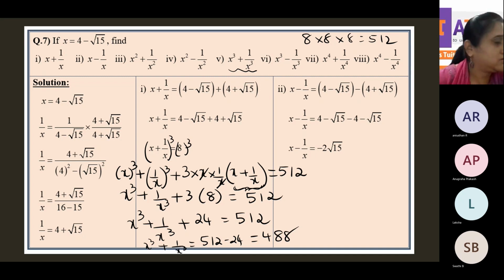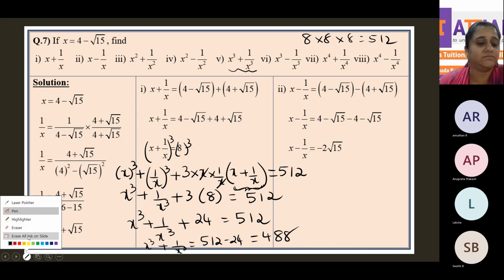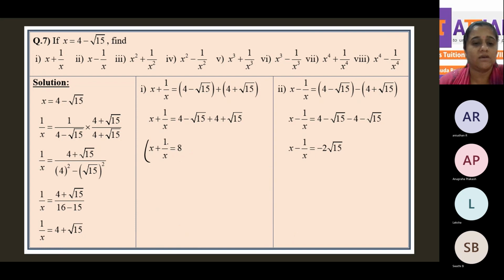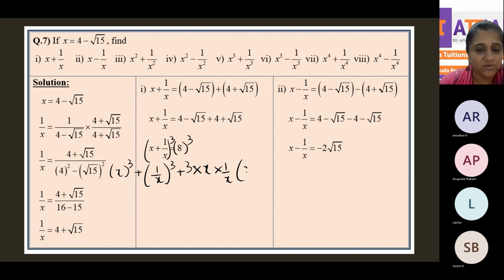Do we understand that? So what we have to do is just cube this on both the sides. x plus 1 by x the whole cube is equal to 8 the whole cube. So now this is like a plus b the whole cube, which is a cubed plus b cubed plus 3 into a into b into a plus b, equal to 8 cubed.